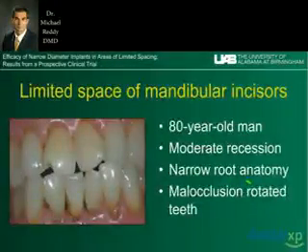This patient was restored with a 3 millimeter implant, and he's an 80-year-old semi-retired physician who has a moderate amount of recession, has very narrow root anatomy on the adjacent teeth, and has a malocclusion due to rotation and some wear on his teeth.